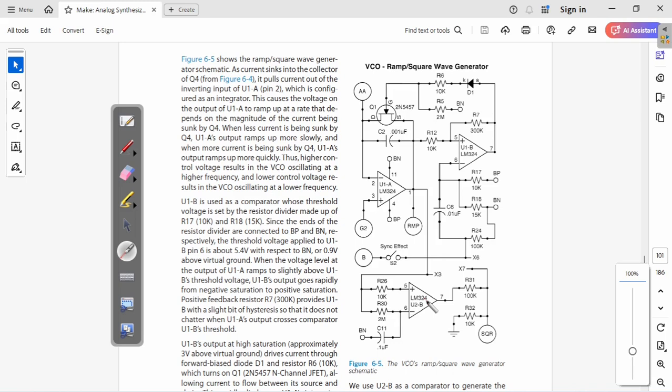because this op amp is actually used as a comparator once again. So what happens is that the signal here, after a while it's gonna be like a horizontal line, and whenever the ramp goes above that line, the op amp is gonna output positive saturation, and when the ramp voltage is below that average line, you're gonna go into negative saturation.